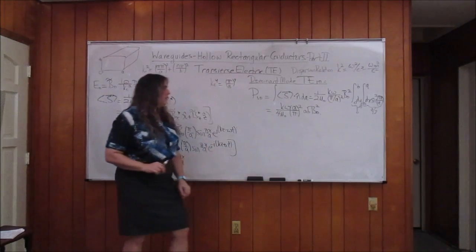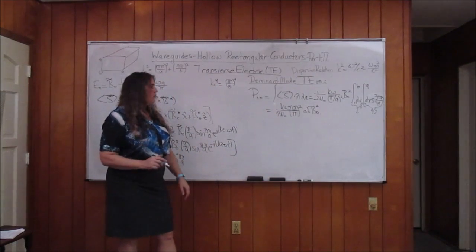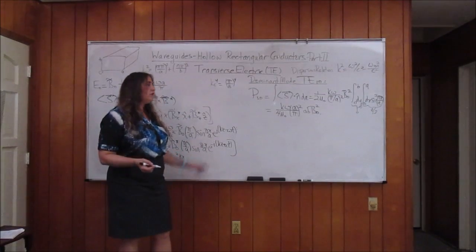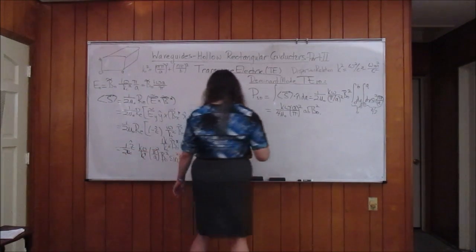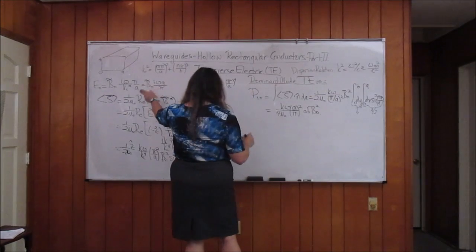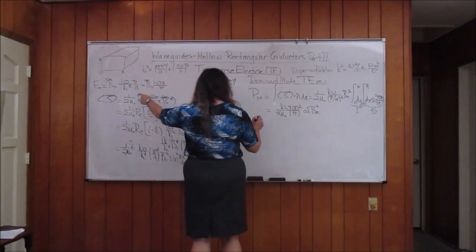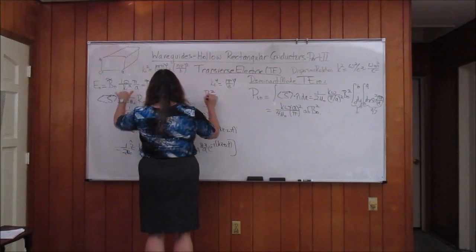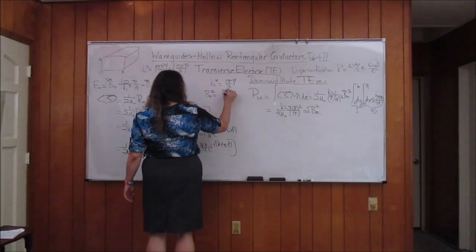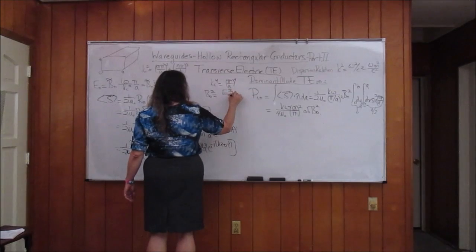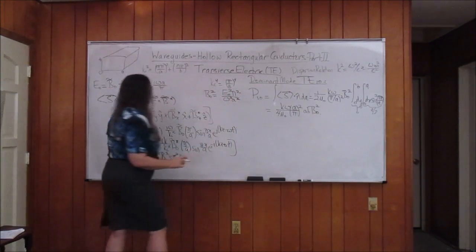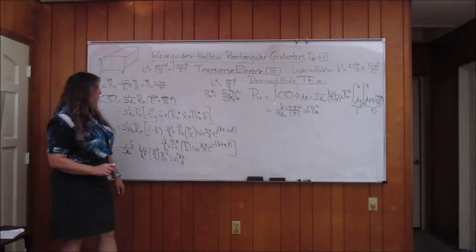Now, again, it's oftentimes more useful to express this power in terms of the peak electric field rather than in terms of the peak magnetic field. So anyway, when we square b naught, from over here, it's just equal to e naught squared pi squared over omega squared a squared.